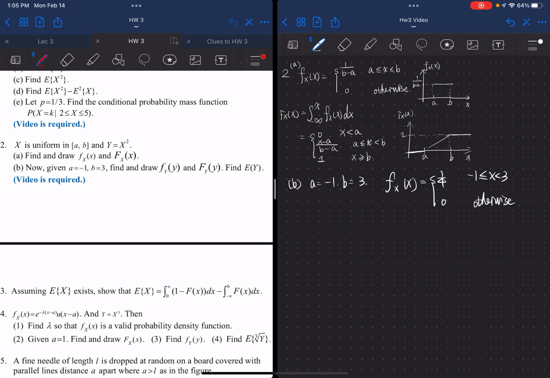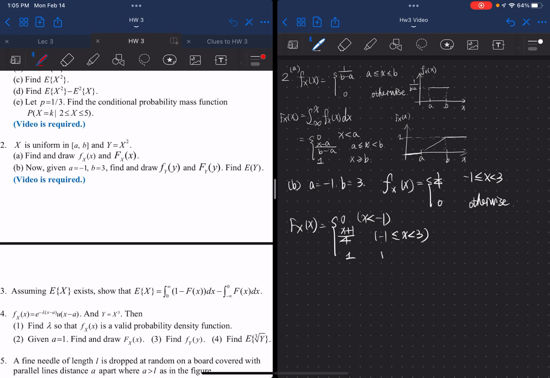We can also plug in the values of a and b to get the distribution function of X. It equals 0 when x is smaller than minus 1, it equals (x plus 1) divided by 4 when x is from minus 1 to 3, and it equals 1 when x is greater than or equal to 3.